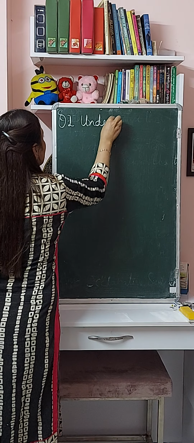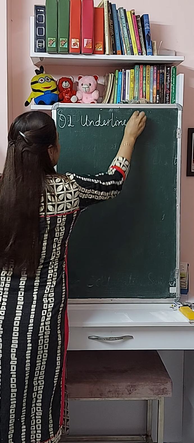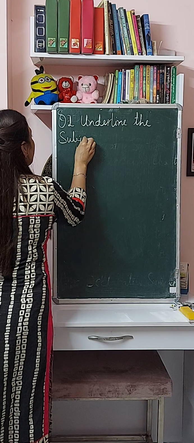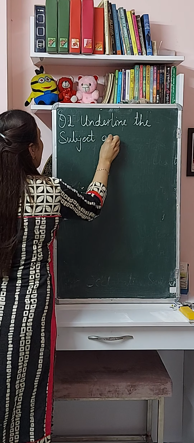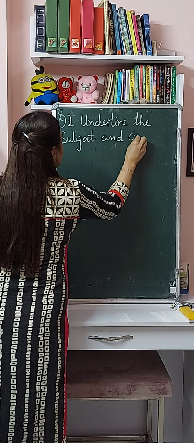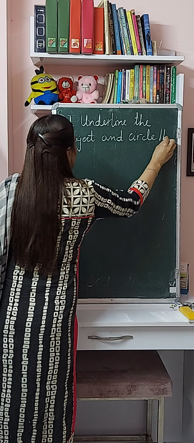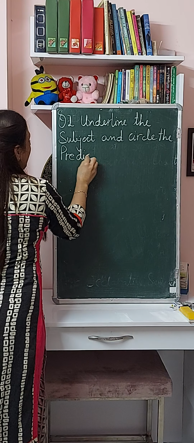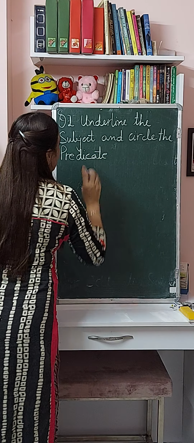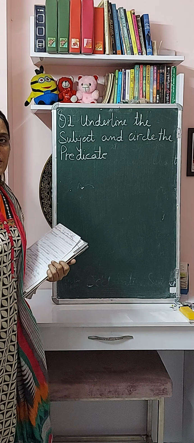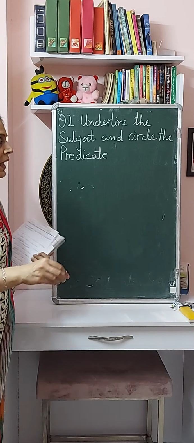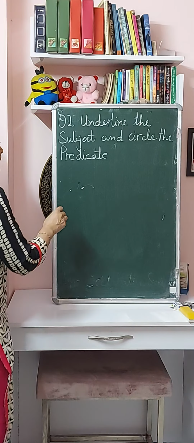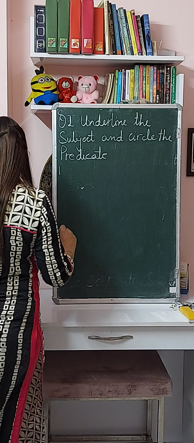Underline the subject and circle the predicate. So the part of the sentence which is the subject, we will underline, and we will circle the part which is the predicate. Alright. So let's begin with the first sentence.